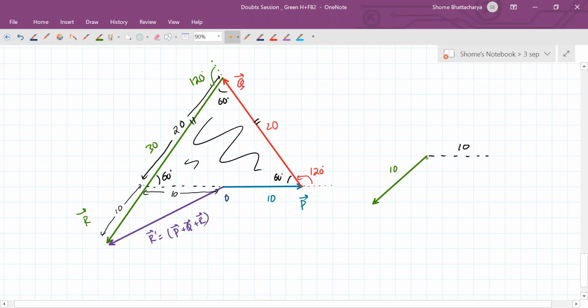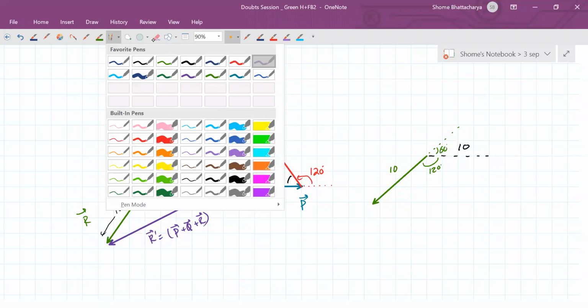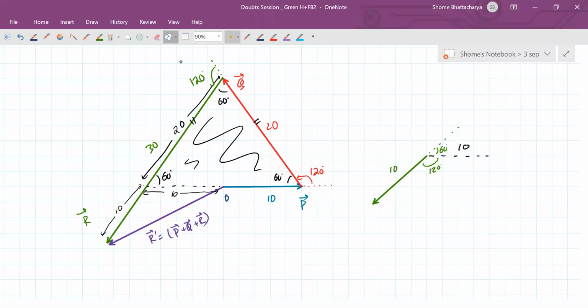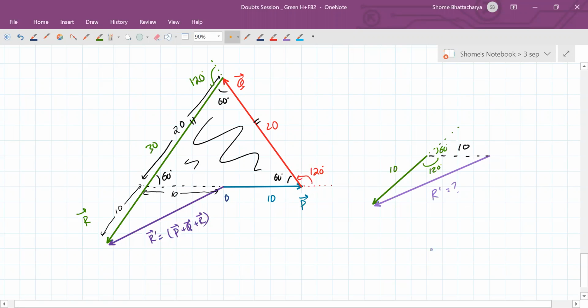Okay. But this angle here is 60. So this angle inside is 120. And then this third side is the side we want to calculate. So we want to find out how much this is.